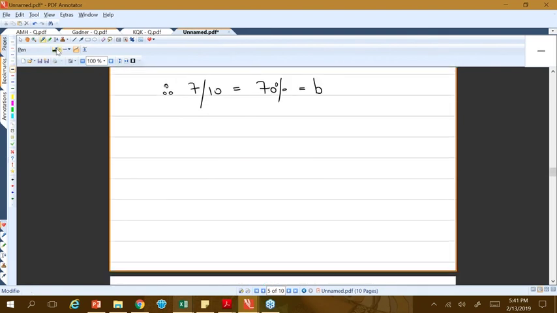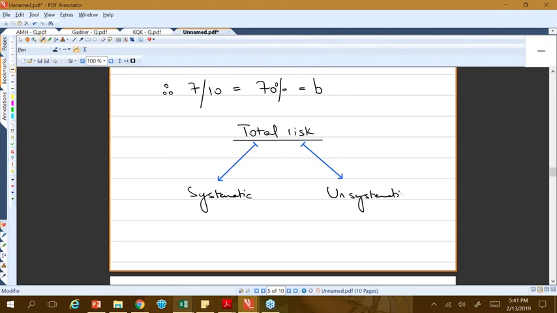Just a quick overview of the risk. Remember, the total risk is made up of systematic and unsystematic. Now, we usually do not worry about unsystematic risk because unsystematic risk is diversifiable.